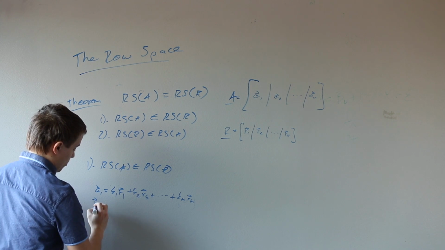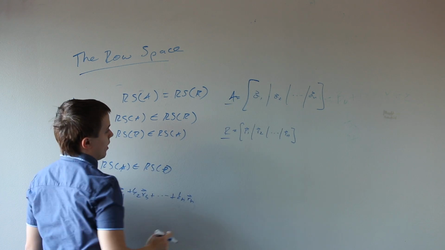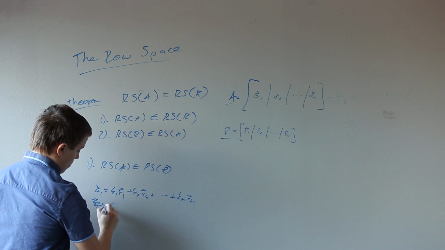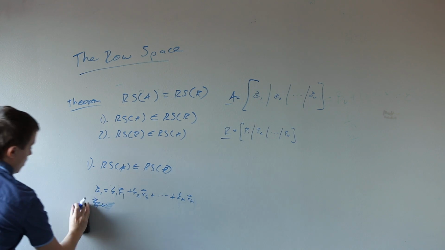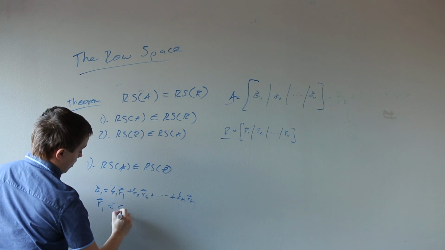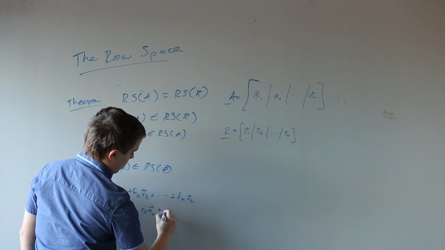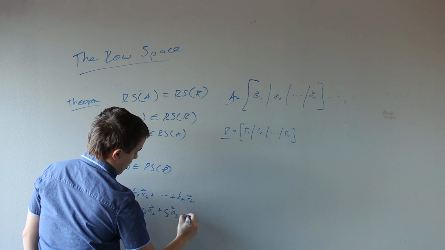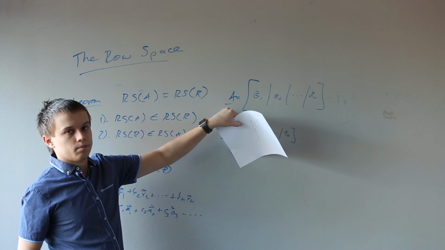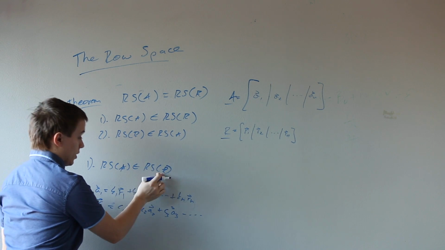So this is actually what we should show first, that because you get from here to here by elementary row operations, we know that R1 is equal to, again, any kind of linear combination of, and so on. We know that R1 is equal to a linear combination of the rows of A. So therefore, we know that the row space of A is contained in the row space of R.